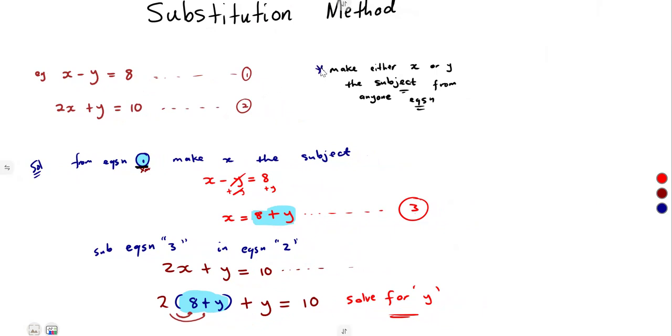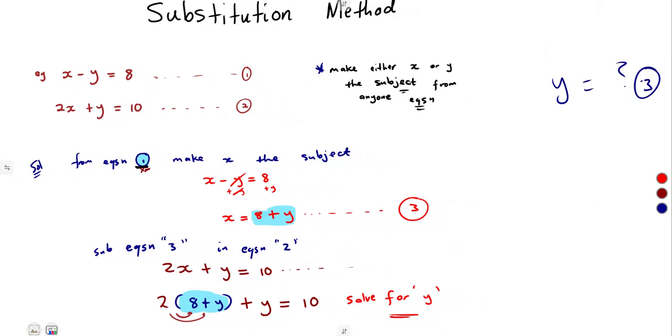From here, it will be easier to use whichever equation has the subject you made. In our case, it is x. If, let's say, you made y the subject, it means you're going to solve for x, then y will be something like that, y is equal to, as in your equation 3. You're going to substitute the value in equation 3 because it is easier.